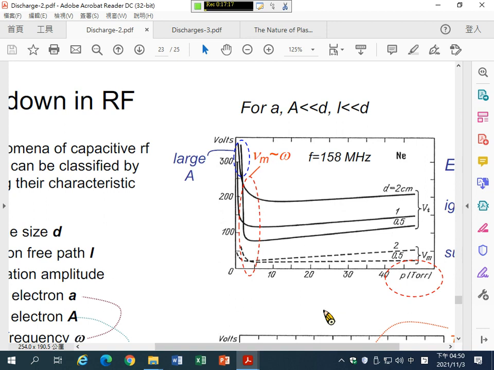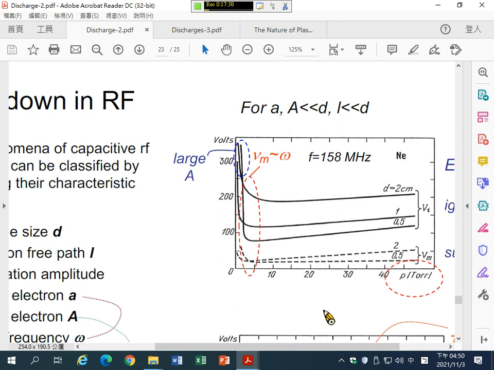In general, if you run a PECVD system, plasma enhanced chemical vapor deposition system, the working pressure is about 0.1 millitorr to 1 or 2 millitorr only. It cannot be higher.